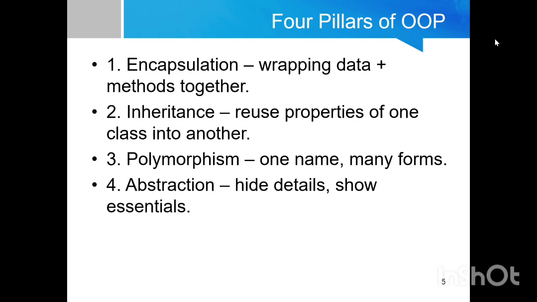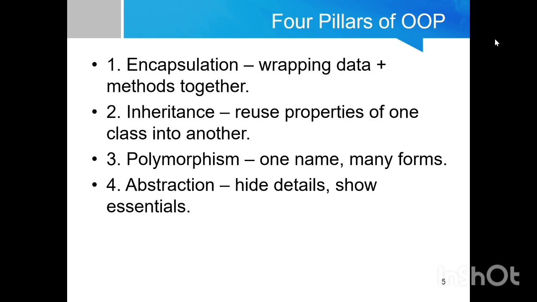Four pillars of object-oriented programming. There are different concepts used in object-oriented programming, but the four main pillars are these. First, encapsulation. Encapsulation means putting data and methods together. The second one is inheritance, which means reusing code from one class in another.